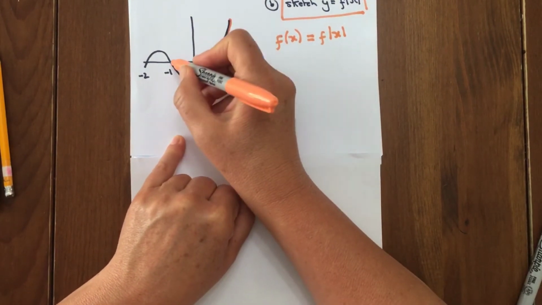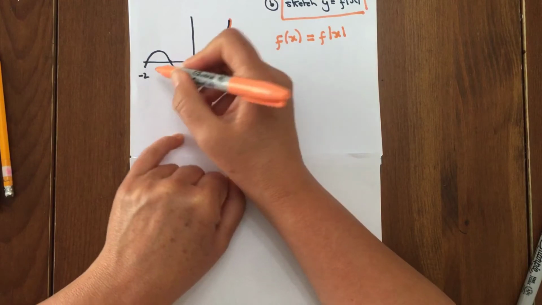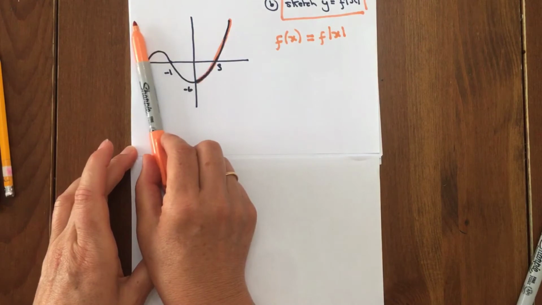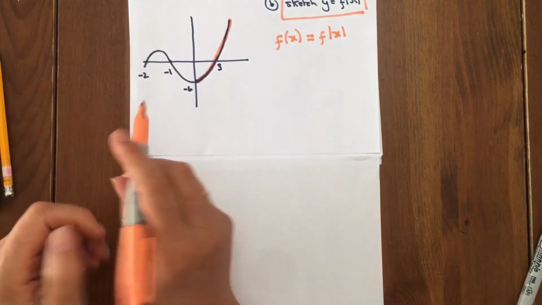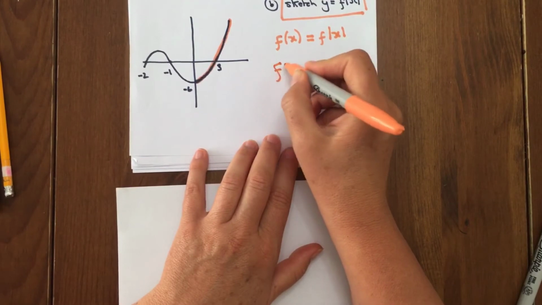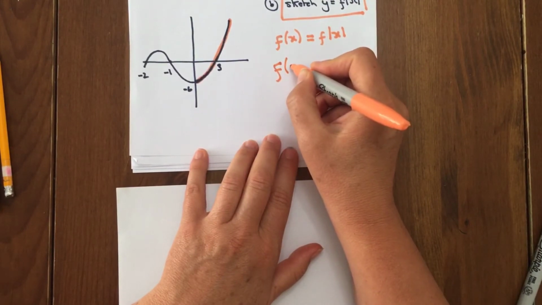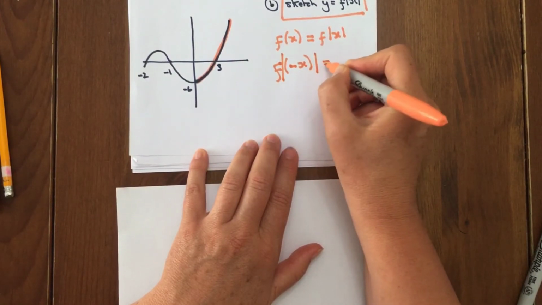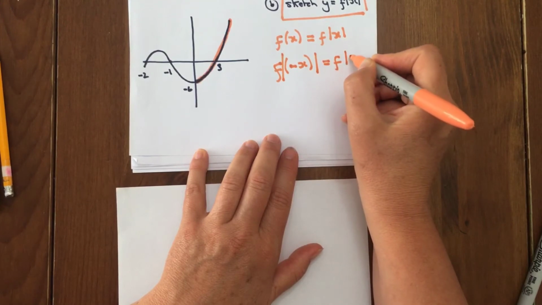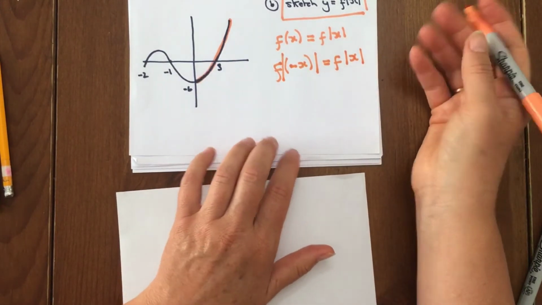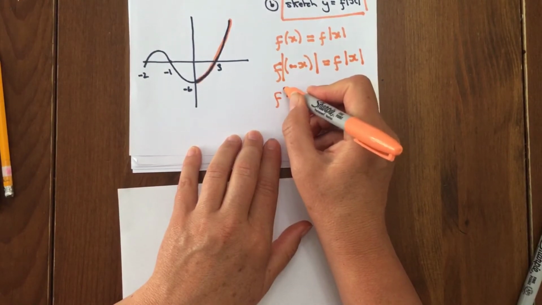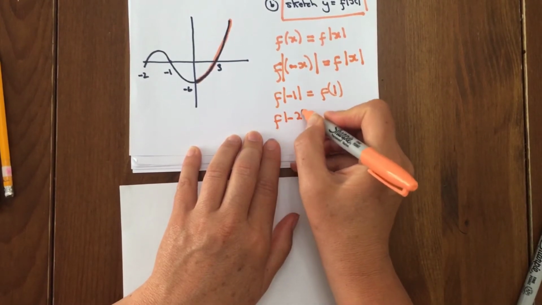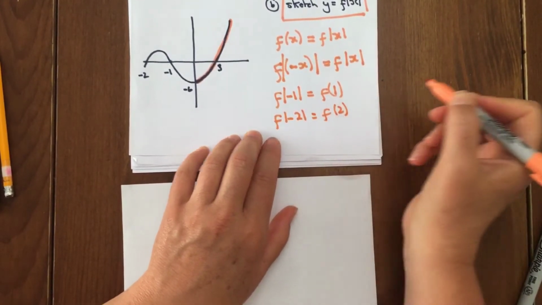Okay, so my negative x values, -1, -2, all of these are this side of the y-axis. Well, I've got f of a negative x, and when I take the modulus of it, it becomes the same as f of x, i.e. f of -1 will become f of 1. F of -2 will become f of 2.